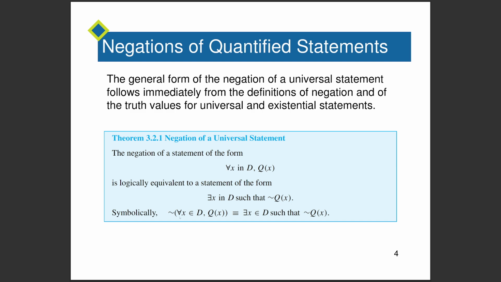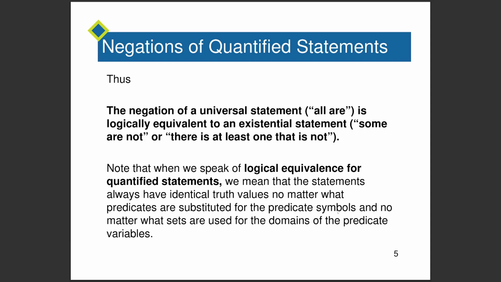So symbolically, we write the negation, and we have to remember to put our parentheses as well here: the negation of for all x inside D, comma, q of x, close brackets. This is equivalent to saying that there exists an x inside D such that we negate q of x.